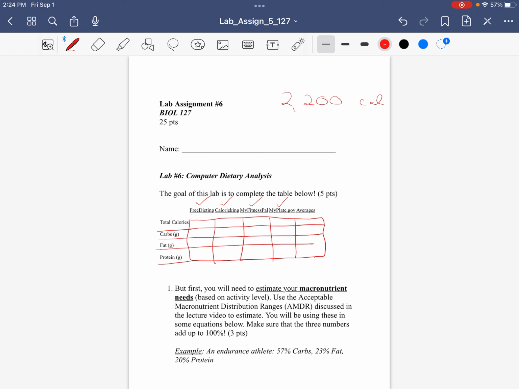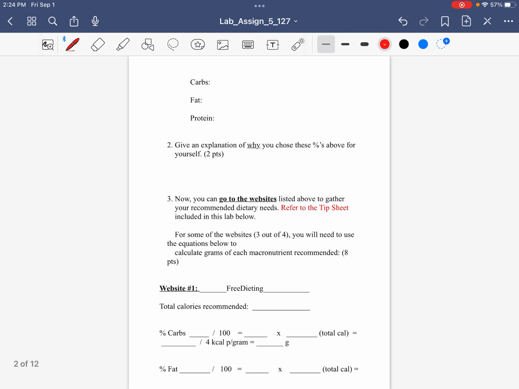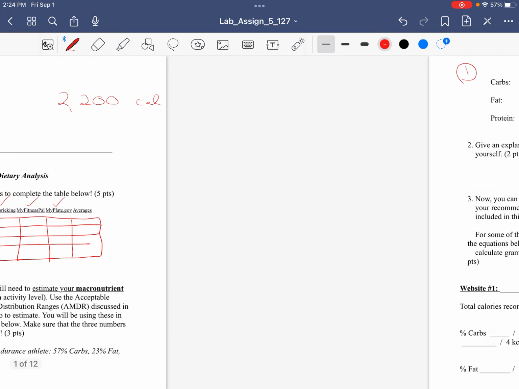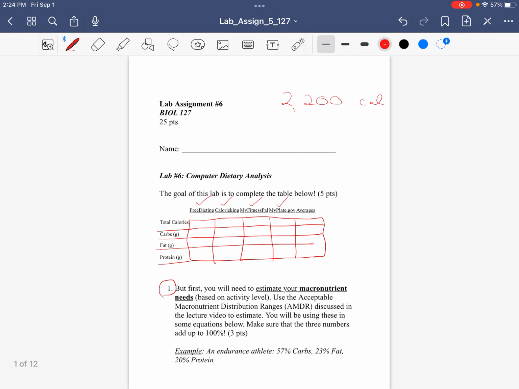All right, so in order to fill out this table, the first thing I'm going to ask you to do is to estimate percentages of carbs, fat, and protein. So look here, this is the end of number 1. We have already put in, and you already know from the lecture videos, the acceptable macronutrient distribution ranges.